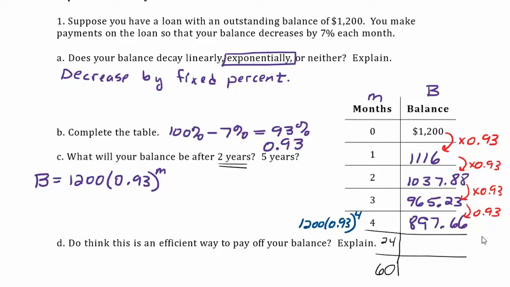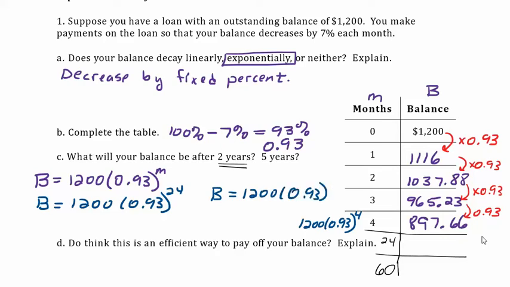So for 24 months, our balance is going to be the $1,200 times 0.93 to the 24th power. For 5 years or 60 months, our balance is going to be our starting balance times 0.93 to the 60th power. All right, go get those numbers.